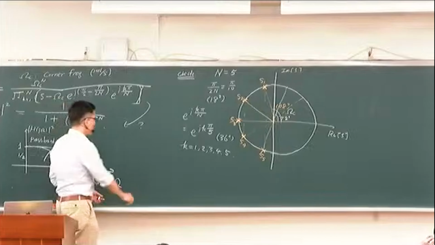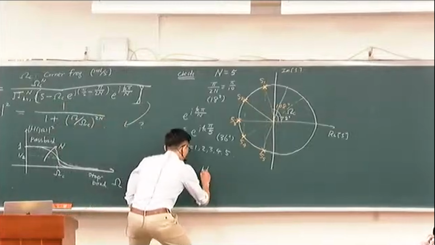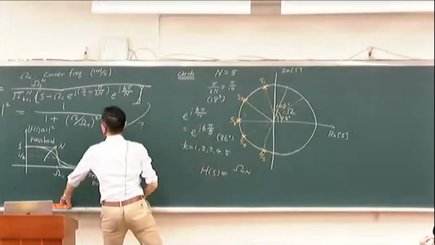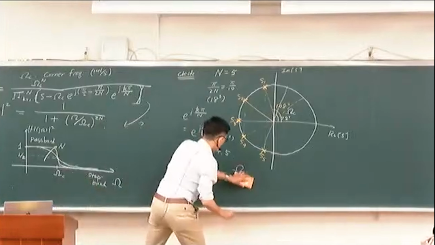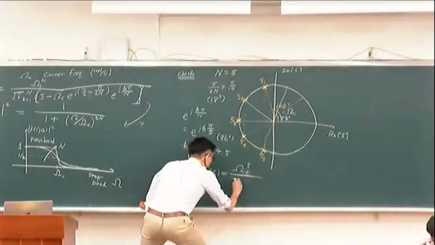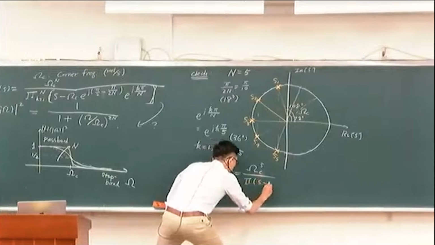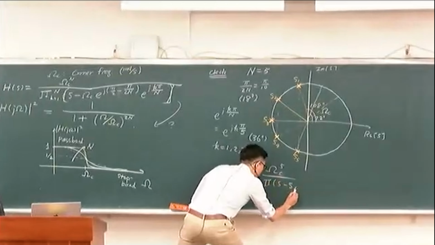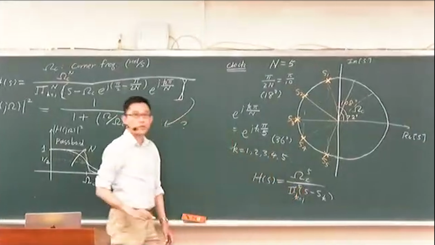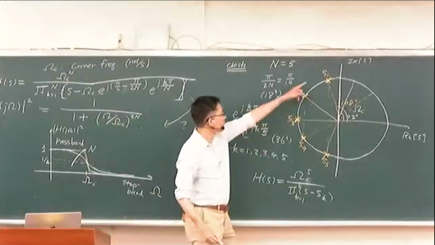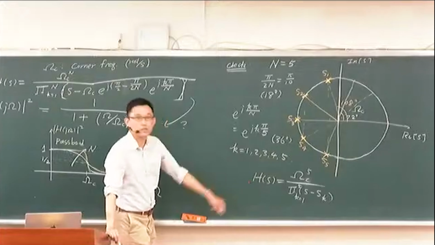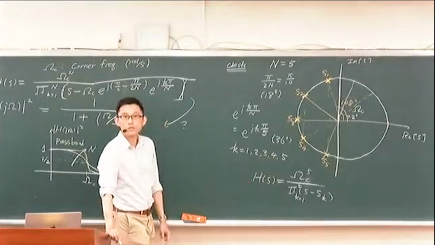So that's H of S. So just simply put, now H of S is the same constant, actually, let's say omega C to the 5th power divided by the product, now it's simply S minus SK, where K goes from 1 to 5. Can you agree on that? SK, S1, 2, 3, 4, 5 are just right here, right there. Okay, so we have this expression for the transfer function.